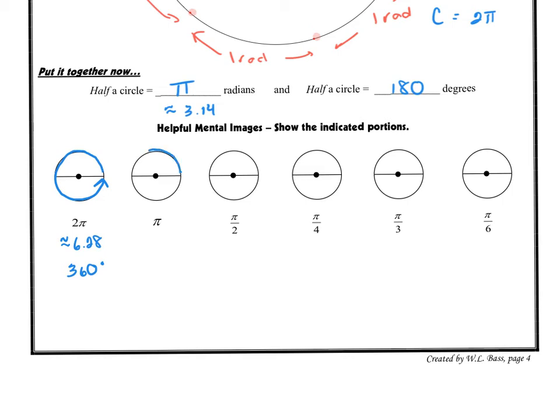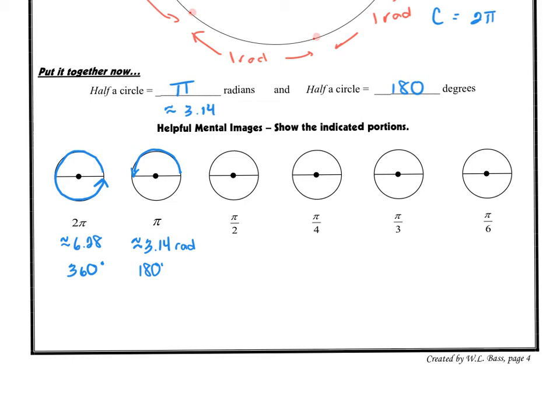Pi then would be halfway around the circle. And again, we want to always be thinking about how many radians or dots, if you want to think about it from up above, 3.14 or 180 degrees. You'll also notice that on these, I didn't actually write out rad. Typically, if it doesn't have the degree symbol, we understand that it is in radians.